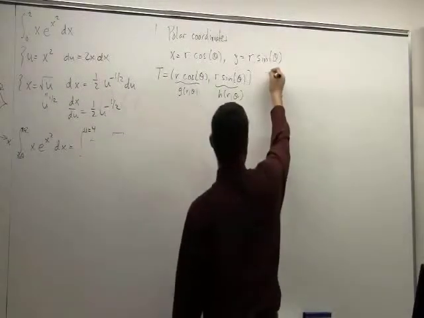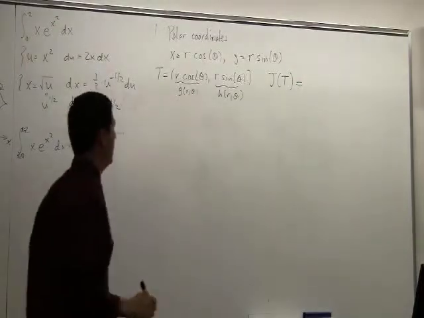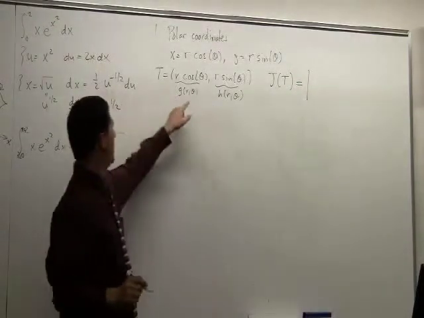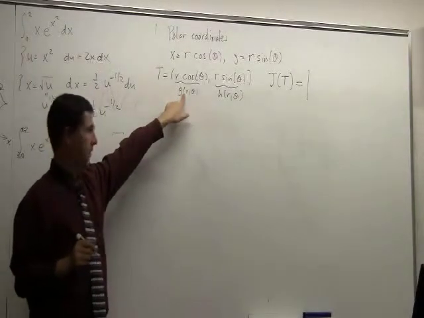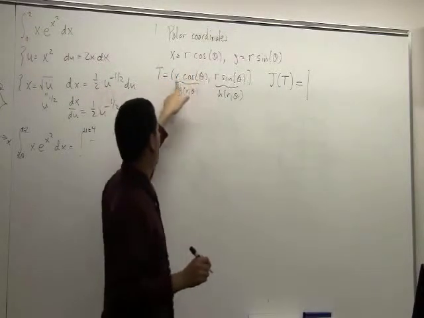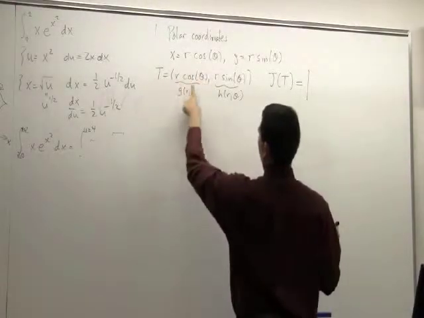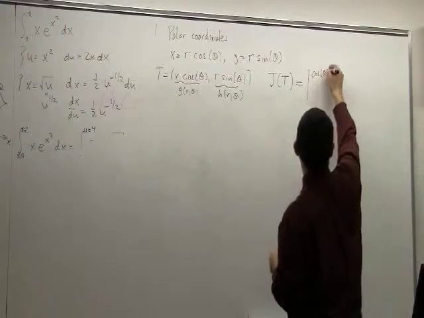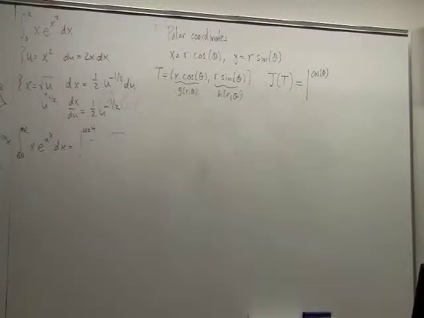So what's the Jacobian? Well, the Jacobian is, I need to take the determinant of, well, let's see, the partial of g with respect to r. That's the first bit. So I need the partial of r cosine theta with respect to r. Partial derivative of this with respect to r, well, that's just cosine theta. Okay, just using this formula down here.